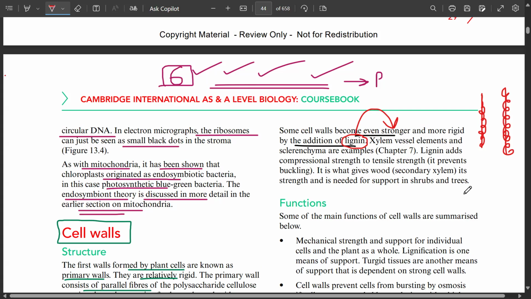Exactly. You studied this in IGCSE, that xylem have lignified walls. Xylem vessel elements and sclerenchyma, which we'll study in chapter number 7, add to the compressional strength and the tensile strength, and it is what gives wood its strength, and it's needed for transport in shrubs and trees as well.